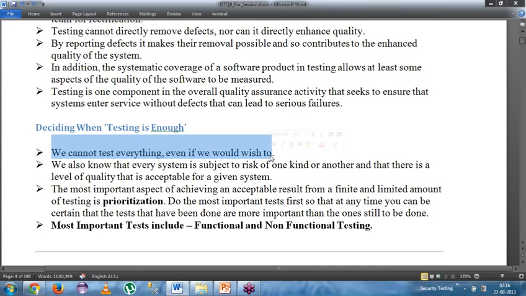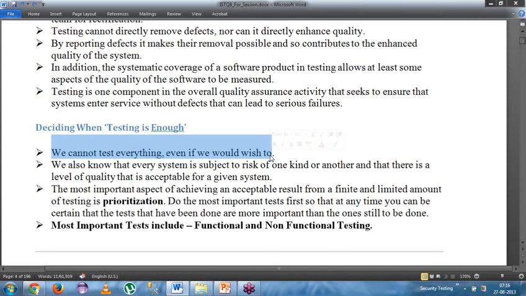Will we be in a position to key in all the permutations and combinations? Definitely not. There are a lot of character sets, a lot of characters that you can think of, and with 256 length for both the password and user ID fields, it's going to take ages for us to test.